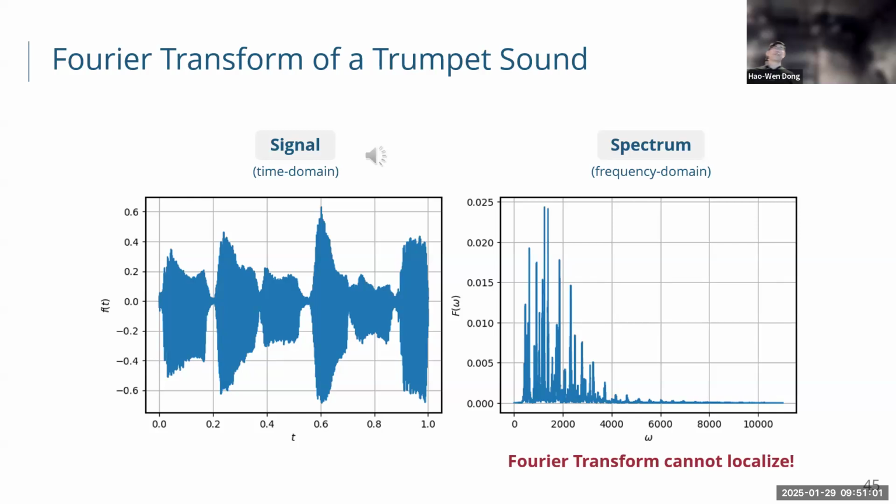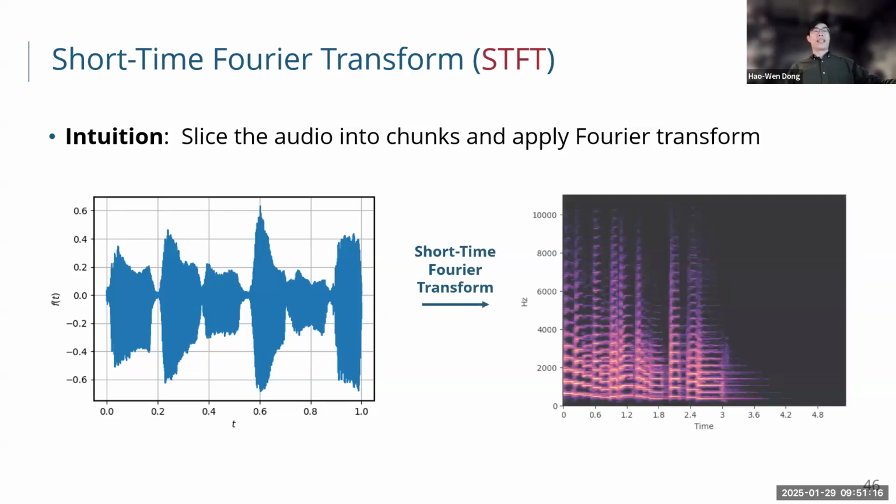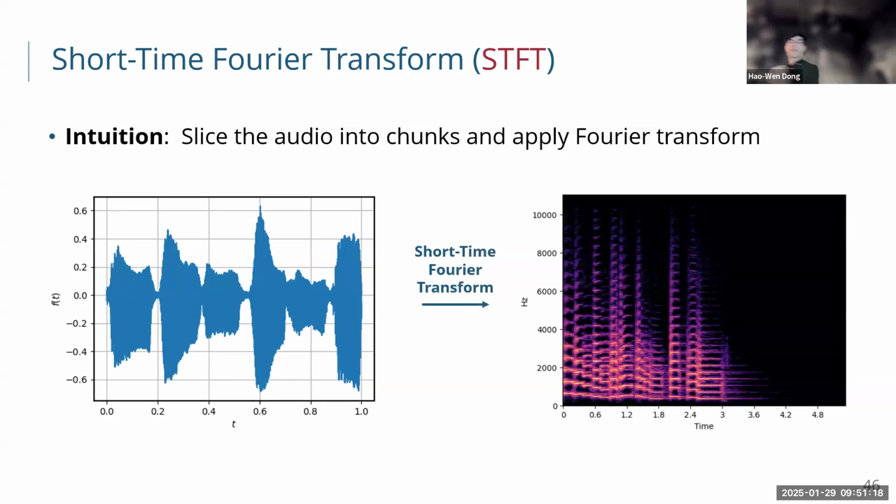So the biggest problem of Fourier transform in terms of audio analysis is that Fourier transform cannot localize where that pitch or frequency is from. So basically what short-time Fourier transform is doing is just to slice the audio into chunks and apply Fourier transform. You're likely more familiar with this plot.